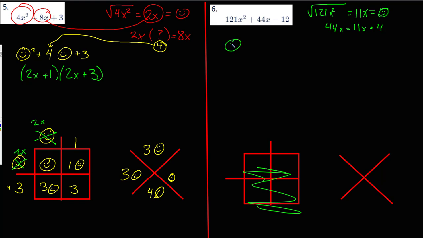So we have smiley face squared plus 4 smiley faces minus 12. Well, I need to figure out what's going to multiply to give me negative 12 that would add to give me 4. And so that would be a positive 6 and a negative 2. Well, in the beginning of both parentheses is my 11x. And then I have the 6 and the negative 2.